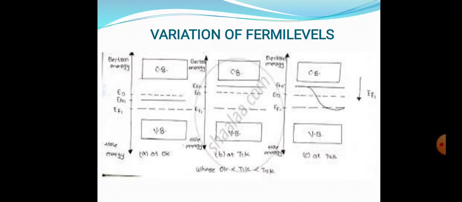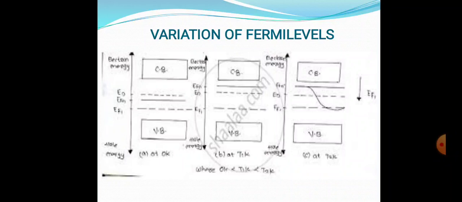If we do it, we will get more donor atoms and donor energy levels nearer to the conduction band. As a result, whatever the temperature may be, all the thermal energy is absorbed by the donor atoms and they donate electrons from the donor level to the conduction band itself.